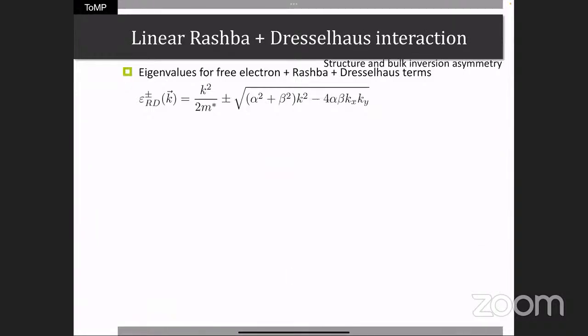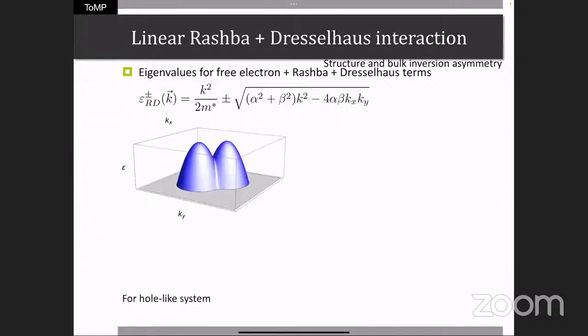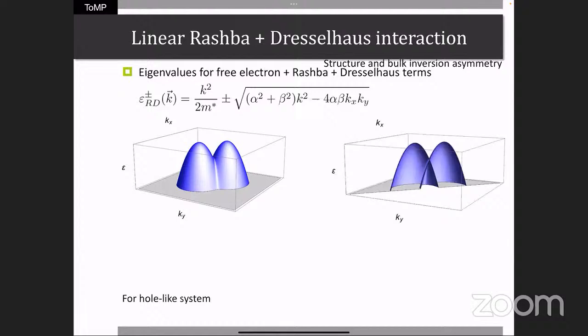We therefore combine linear Rashba and linear Dresselhaus interactions, and by doing that we get the eigenvalues looking like this. If we plot them, we get this kind of a band structure for hole-like system. Two peaks are found, and if we intersect them, they look like this, but the contour looks a bit different.